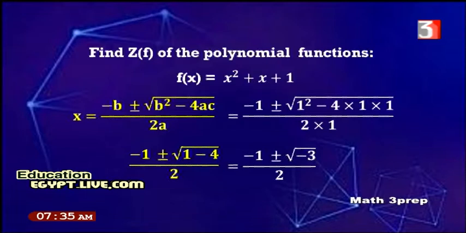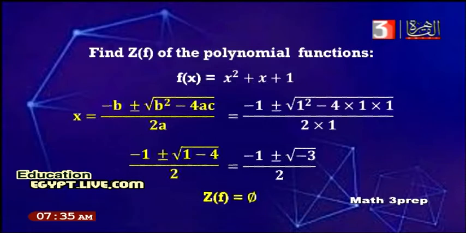Do you notice? Yes, we cannot find a square root for a negative number. In this case, it means that the solution set will be phi. It means that the set of zeros of this function will be phi. No values of x can be substituted in this function to give a result of 0. So the set of zeros of f will be phi.